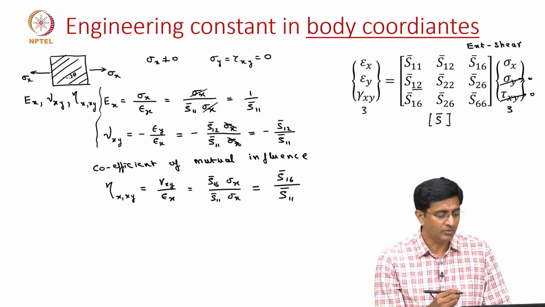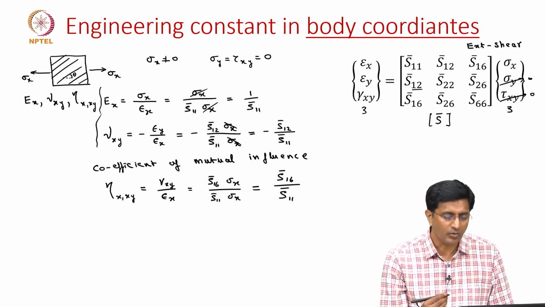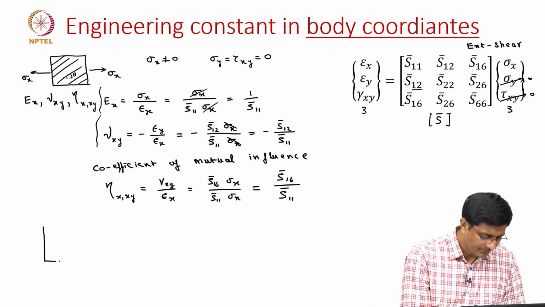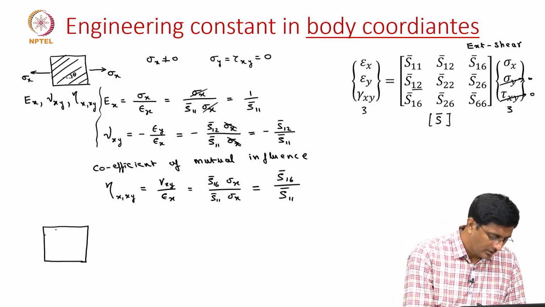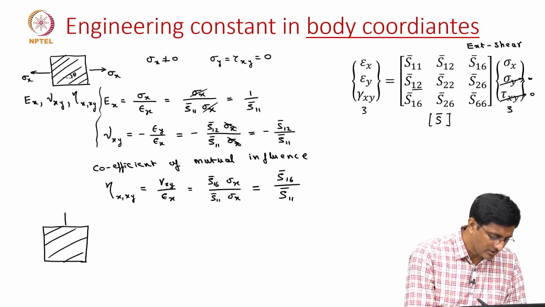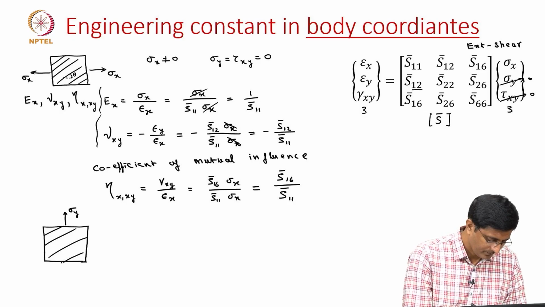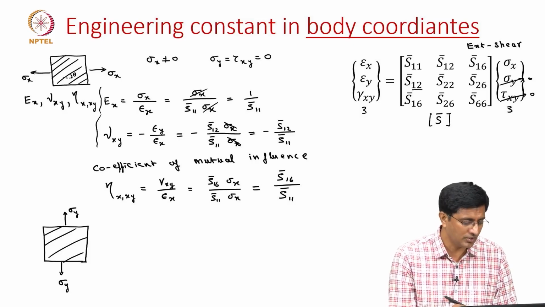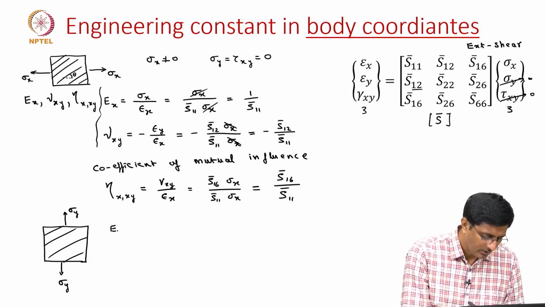Okay. Similarly, I could have designed one more experiment where, for the same infinitesimal element, we apply uniaxial stress in the direction y. From this I should be able to define one more engineering constant Ey.